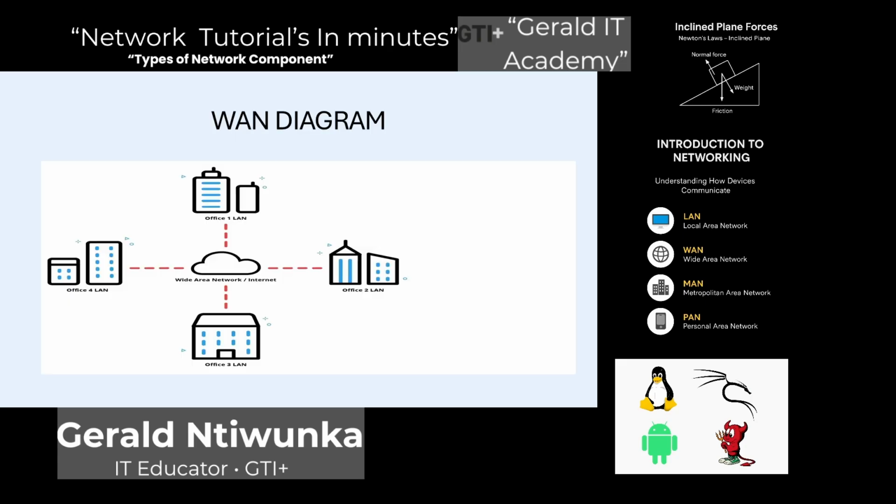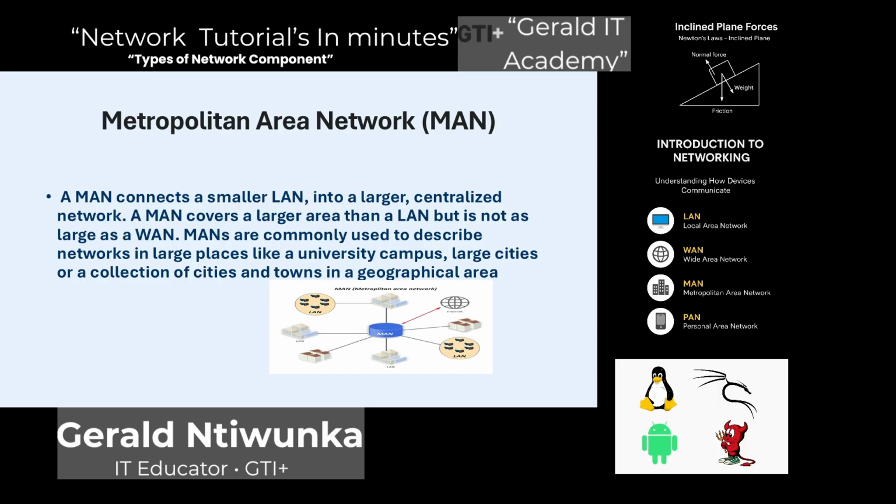This is the diagram of how to connect all those branches. It has to be through a router, modern switches, all this. Because they are wireless, these are the ones that can connect local area networks together to form a wide area network. Now we are going to talk about metropolitan area networks.